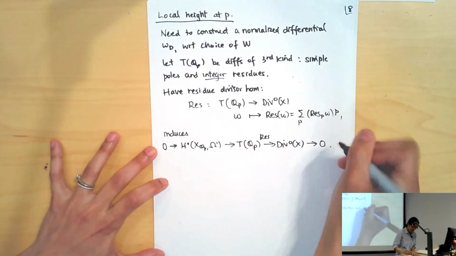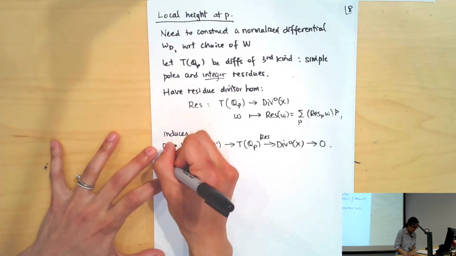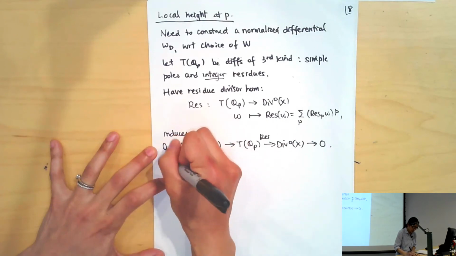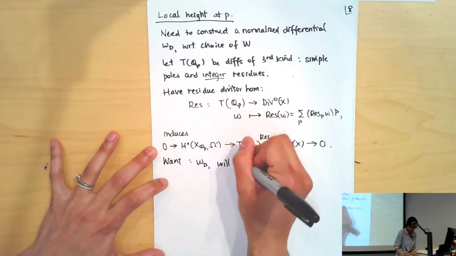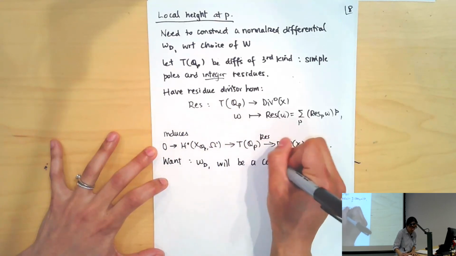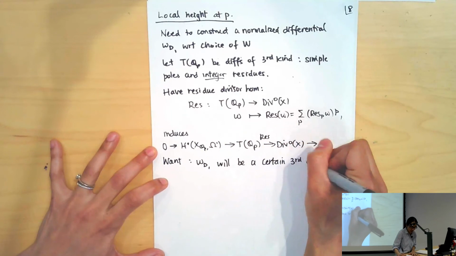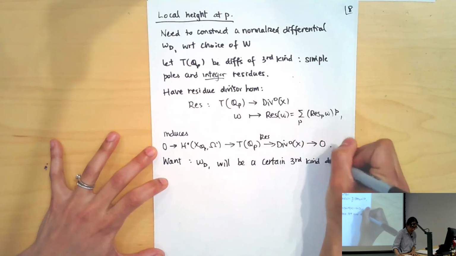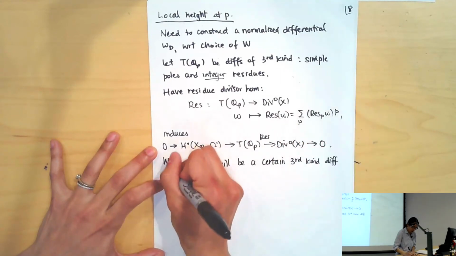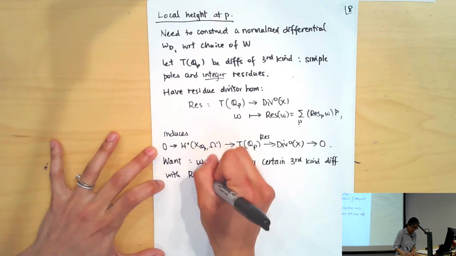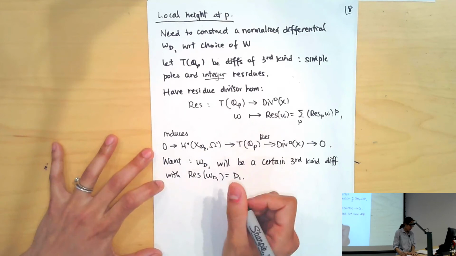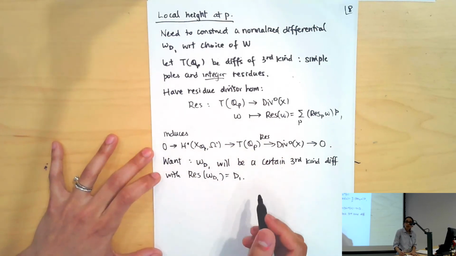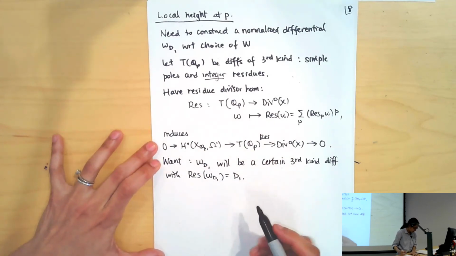And then what we want is that omega d1 will be a certain third kind differential with residue divisor d1.